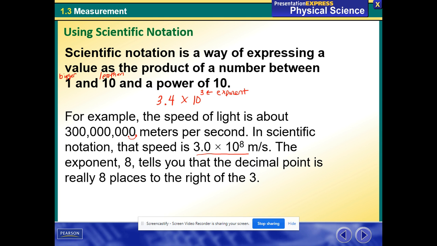So here we're going to move it over 8 times. So when you put the decimal here, 3 is bigger than 1, less than 10, times 10, and this up here is going to be an 8 because we hopped the decimal over 8 times. Also, note that this is positive because this is a big number.